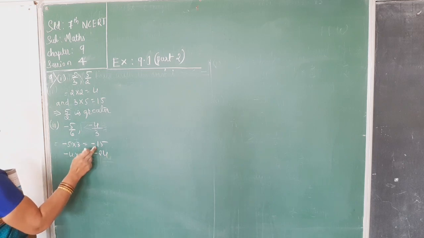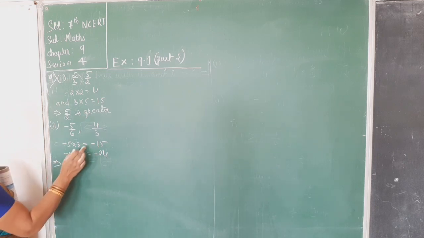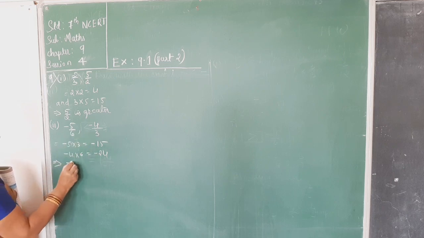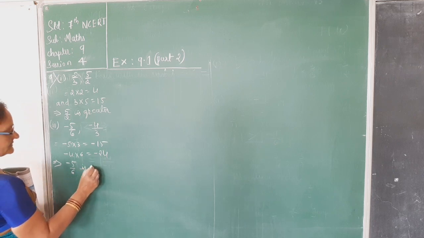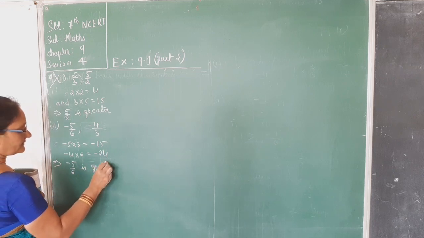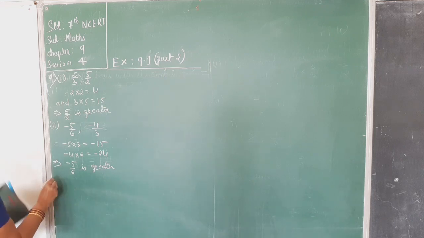Which is greater here? Minus 15 is greater. So this implies that minus 5 by 6 is greater.